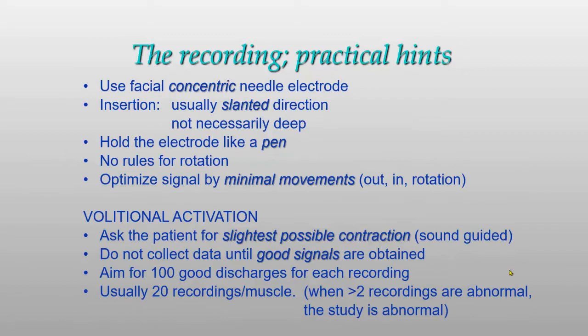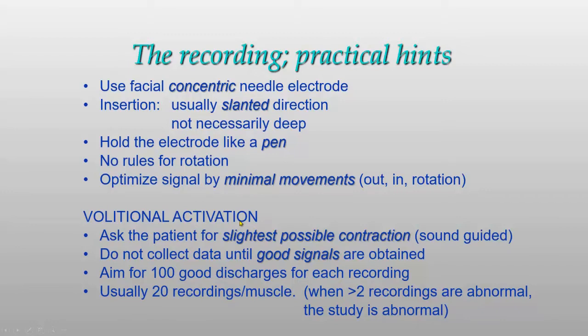Some practical hints: we use the concentric facial needle, usually in a slightly slanted direction of the electrode through the skin. We hold the electrode like a pen. There are no specific rules for rotation of the electrode as we have had for single fiber electrode, but we optimize the signal by small movements, usually out or in.